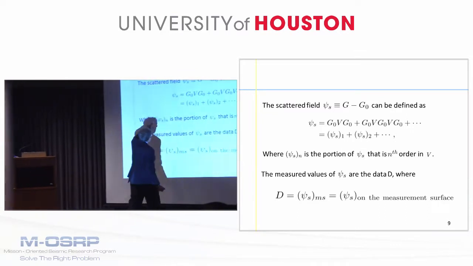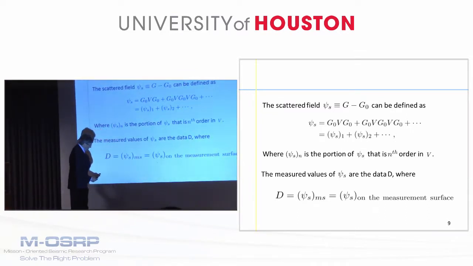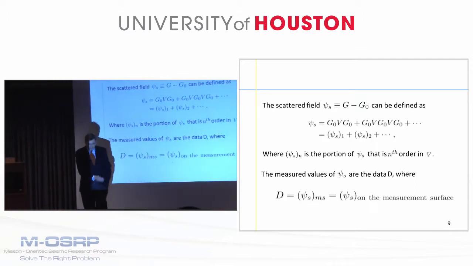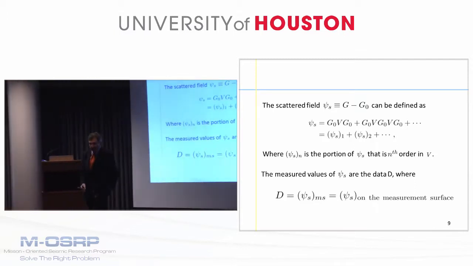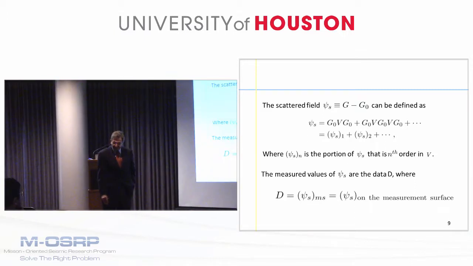So the idea is that this scattered wave is the difference between, let's say, we're going to assume in this entire discussion that our reference is homogeneous. And in fact, water. G0 is going to be a propagator in water for the seismic, yes?